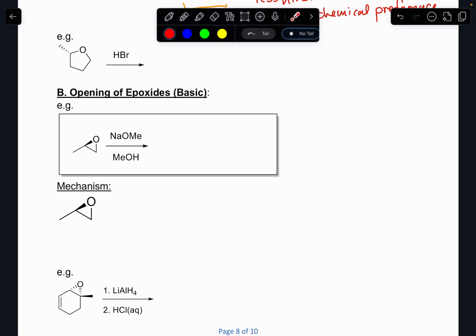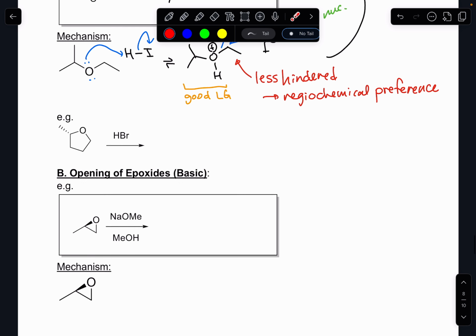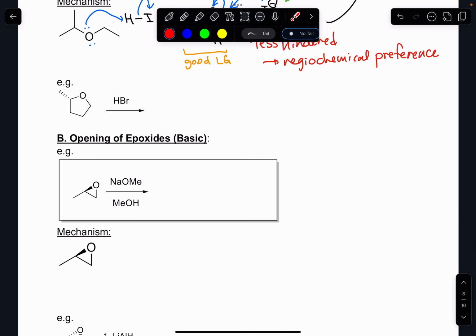Now, another example of ether reactions is opening of the ethers, but through basic mechanisms. When it comes to a basic condition, something like this, if you subject this to the same condition, it's not going to open. The ether is very inert.